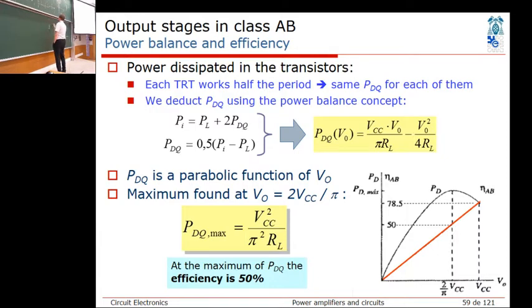If you drop this amplitude down there, then you have the maximum power dissipation of transistors. Okay, and you have the 50% efficiency of the circuit.